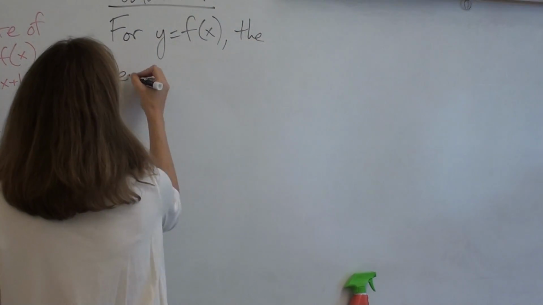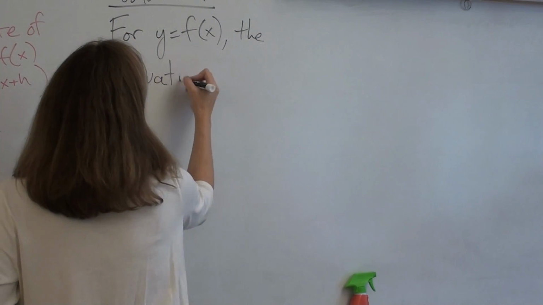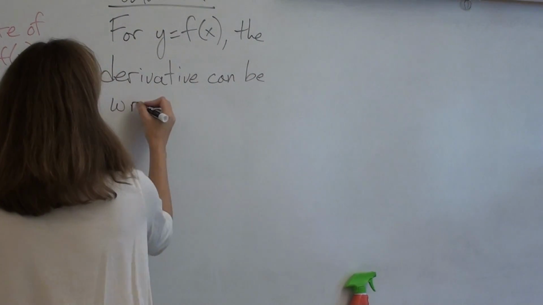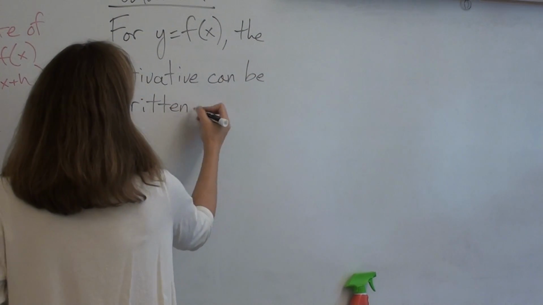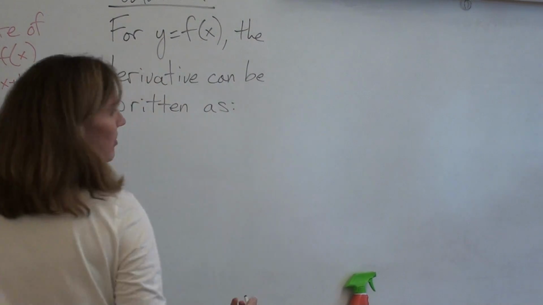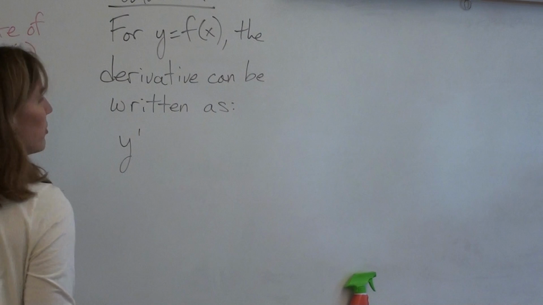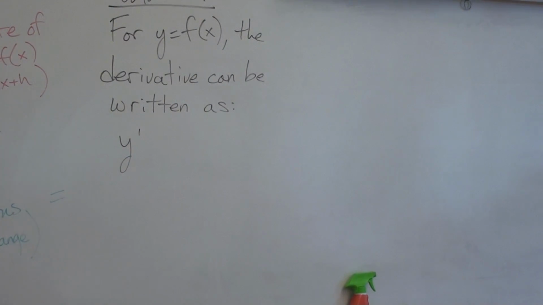For y equals f of x, the derivative can be written as any of the following. The derivative of y can be written as y with a little apostrophe, and we call that y prime. That's the quickest and easiest way to write the derivative.